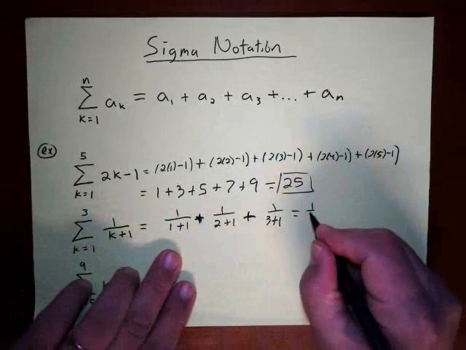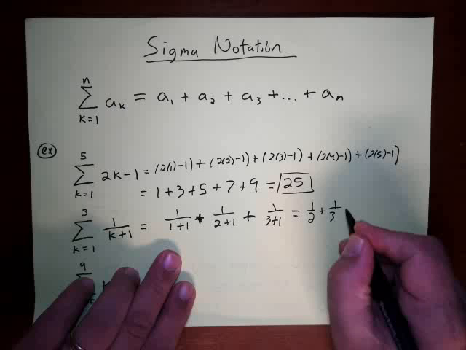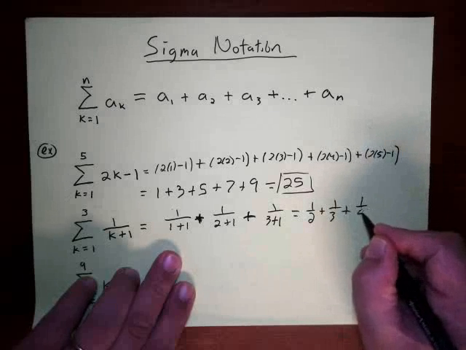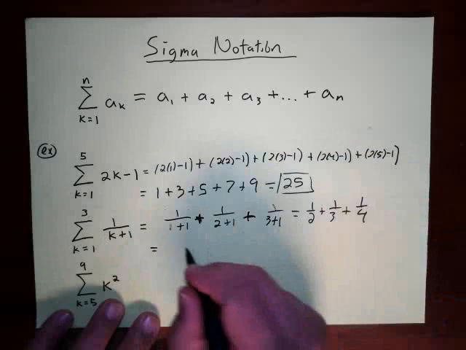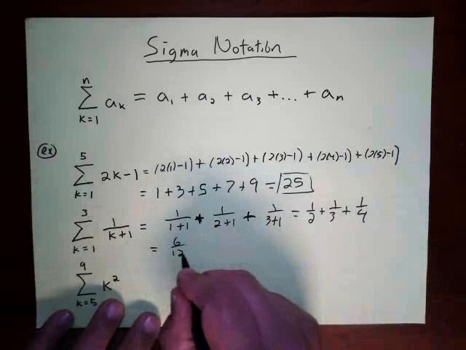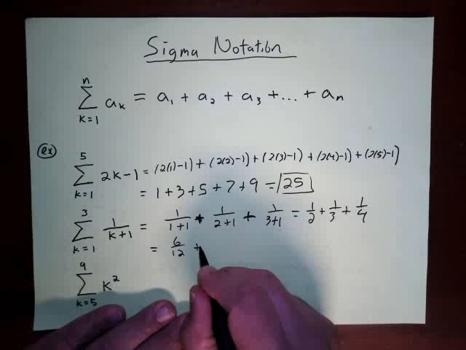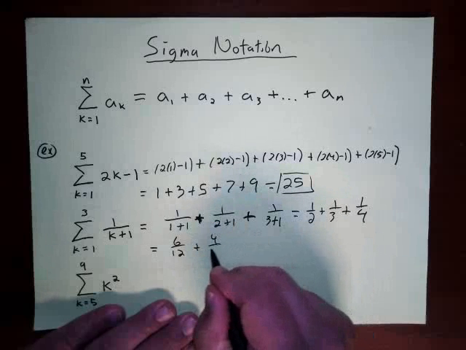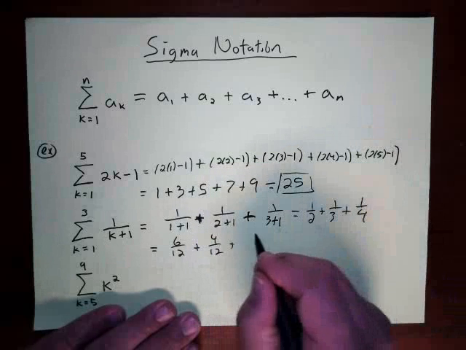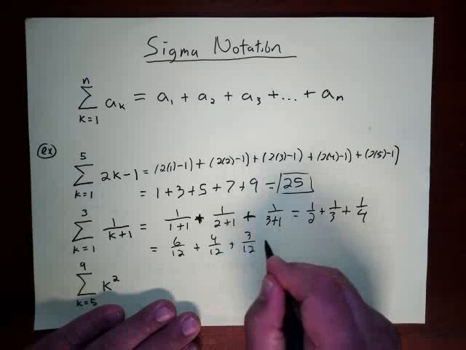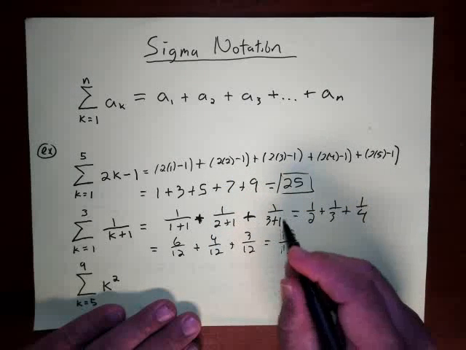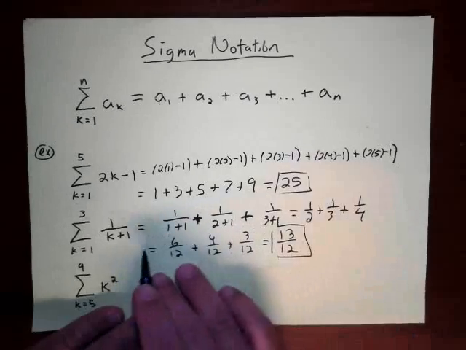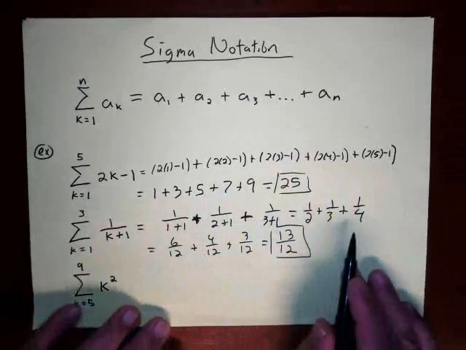This is really 1/2 plus 1/3 plus 1/4. Then we could actually find this. We'd need a common denominator of 12. So this would be 6/12 plus 4/12 plus 3/12, and this is 13/12. That's what this sum represents. Okay?